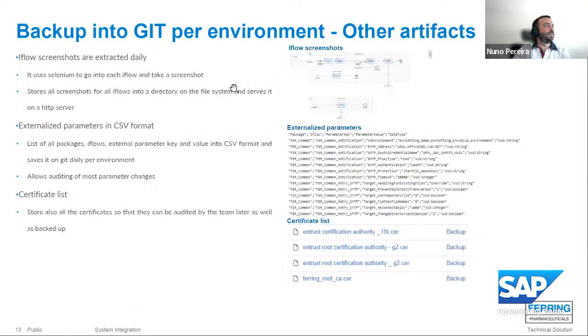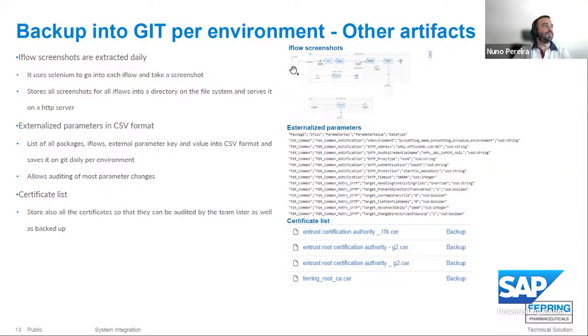What we also do as part of the daily job is to take iFlow screenshots that we can use later for documentation purposes. So we use Selenium to log into each environment of the cloud integration, go into every single iFlow, take a snapshot of it and store it on a file system.